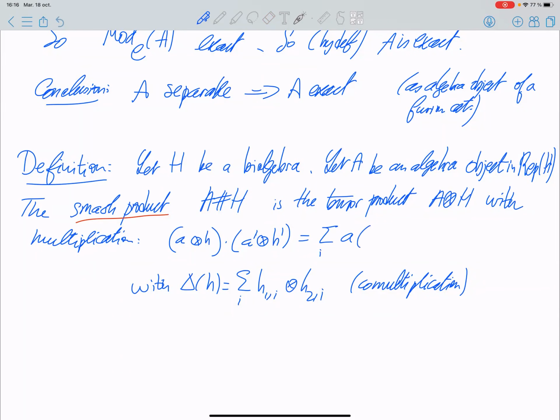so H1i acting on A prime, tensor H2i multiplied by H prime.